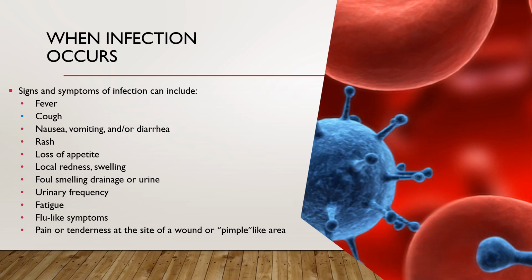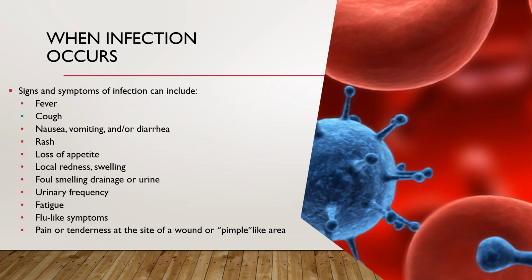Signs and symptoms of infection could include a fever, nausea, vomiting, diarrhea, rash, loss of appetite, local redness, swelling, foul-smelling drainage or urine, urinary frequency, pain or tenderness at the site of a wound or a pimple-like area, fatigue, weakness, tiredness, flu-like symptoms. And individuals have different responses to different types of infections. Not all symptoms will be experienced by all people.